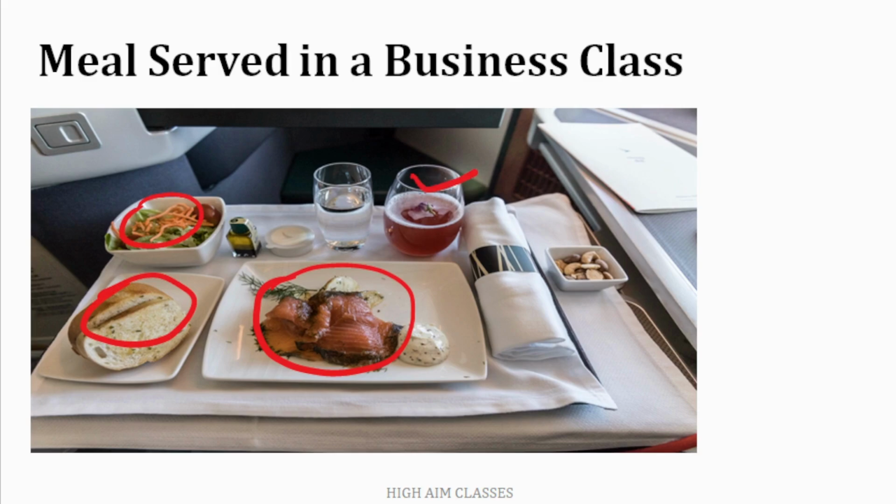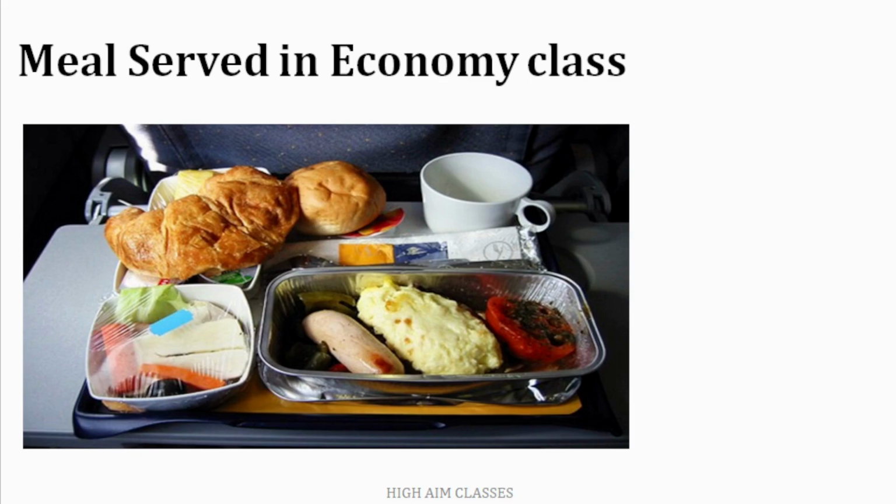You can see here the crockery is bone china, and we have stainless steel cutlery and a cloth napkin. All these things are provided in business class, and you get a welcome drink and good service.